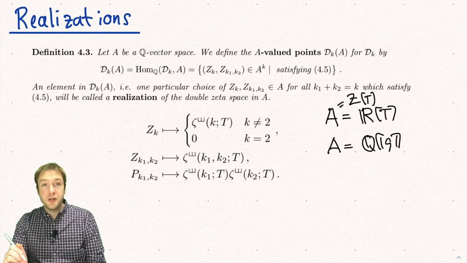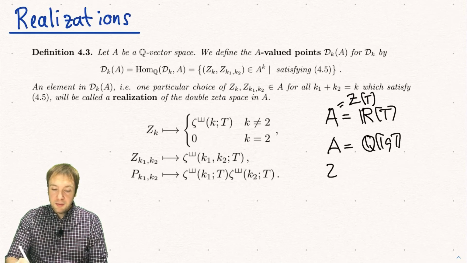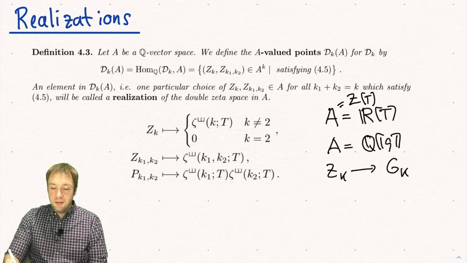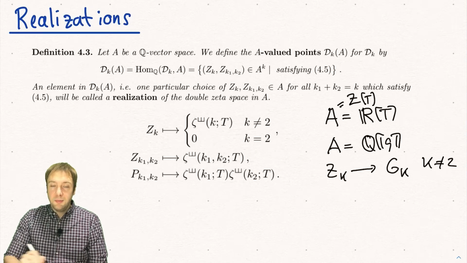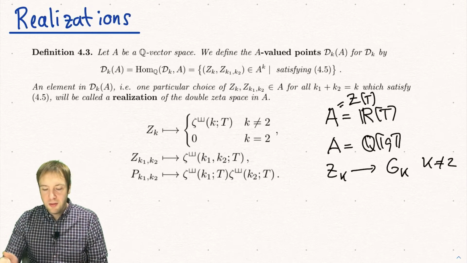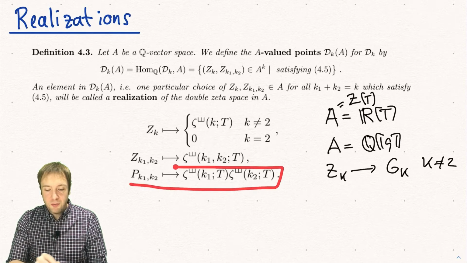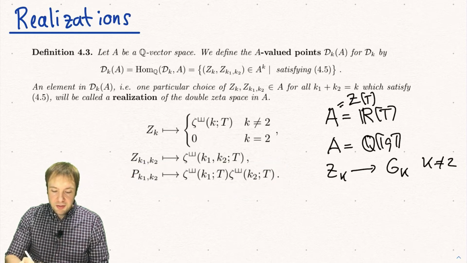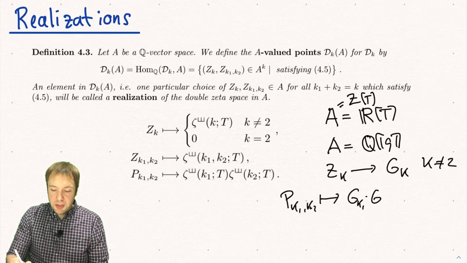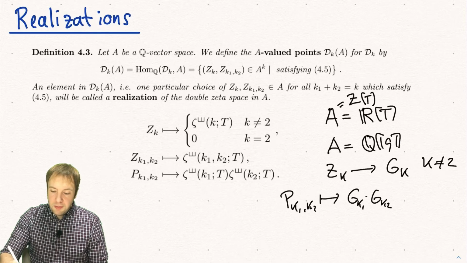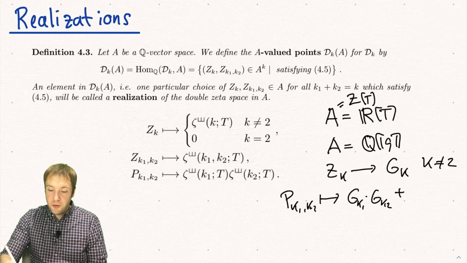Q series with rational coefficients, and then in this case the zk will get mapped to the Eisenstein series if k is not 2 and to 0 otherwise, and this pk will basically get sent to, k1 k2 will get sent to gk1 times gk2, but we will have some correction terms here.